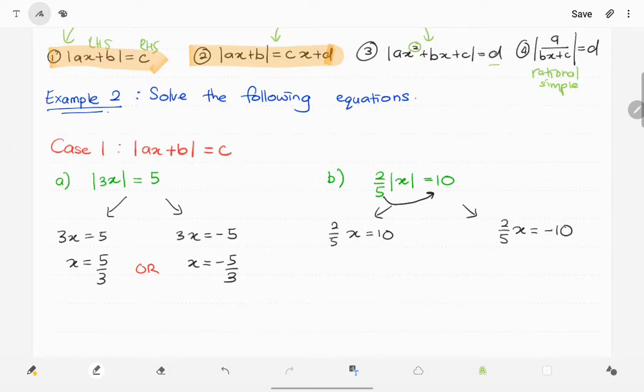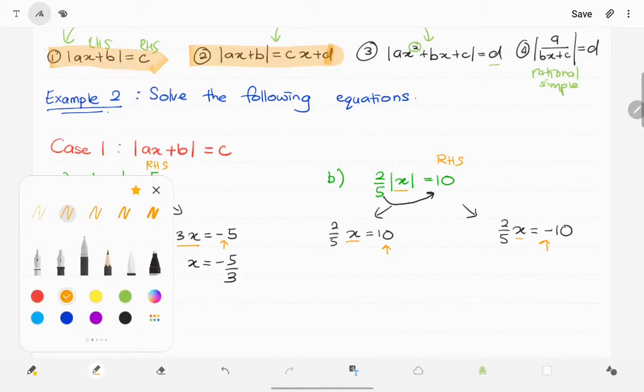Just change the sign here. You only need to change the sign on the right hand side. See here, 5 and -5. The x here is the same as in the modulus, still the same. Just change the sign on the right hand side; the left hand side never changes the sign. Follow the definition.